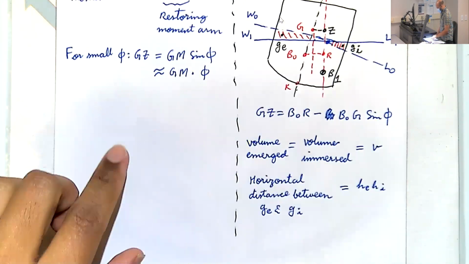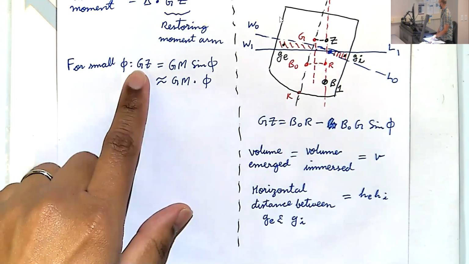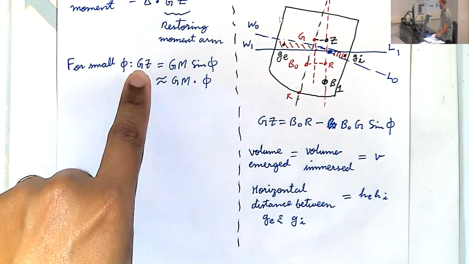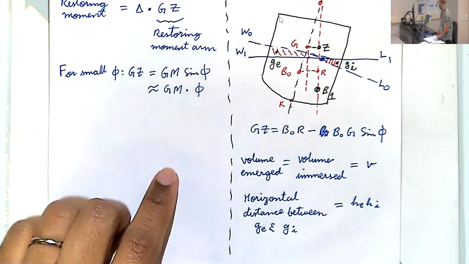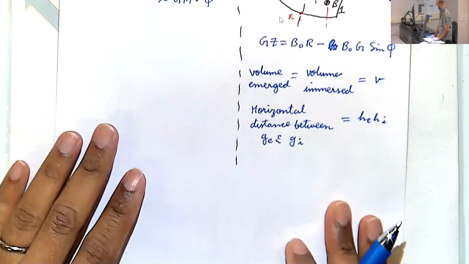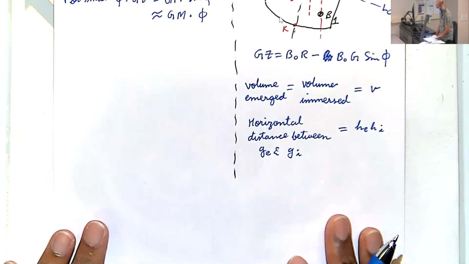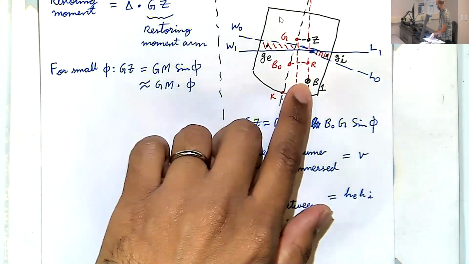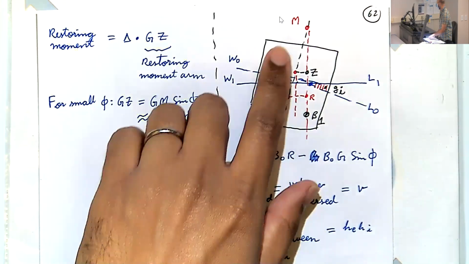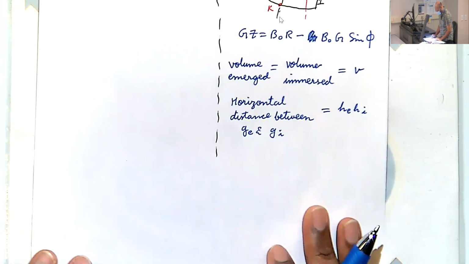All right. For small angle changes, we just had GZ is GM times phi. We're done. But now things are a bit more complicated for very large angles. The center of buoyancy moves in a weird way, and the metacenter might also move.